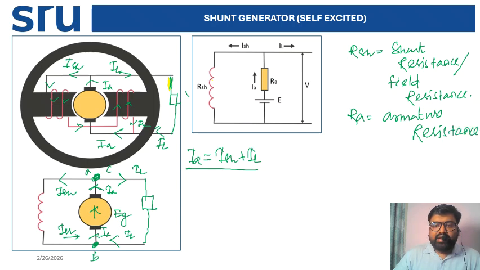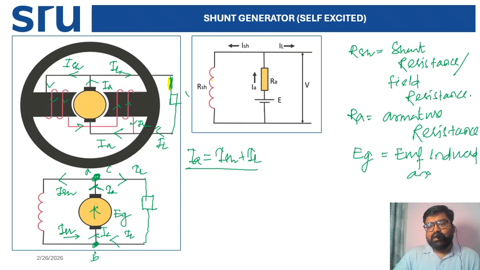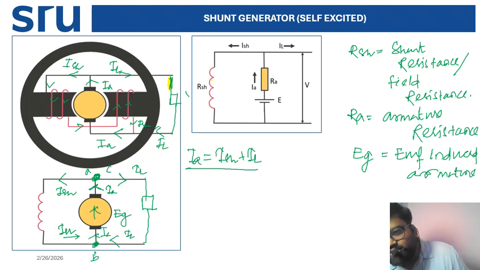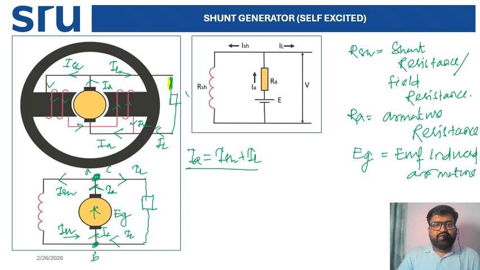And due to the armature, one EMF is induced, that is your EG, the EMF induced across the armature.